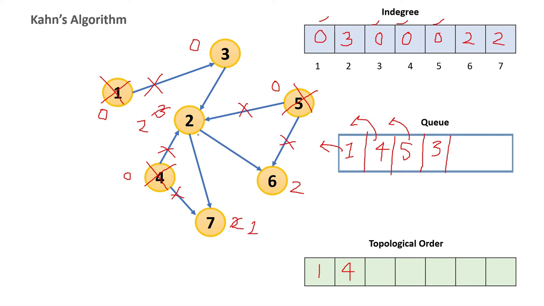So the in-degree values of 2 and 6 will be reduced by 1. Both will become 1. So no one is now 0, so we have to continue again. Before that I will do some cleanup because it will be easier to understand then.